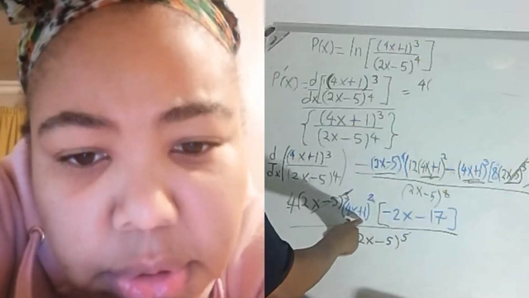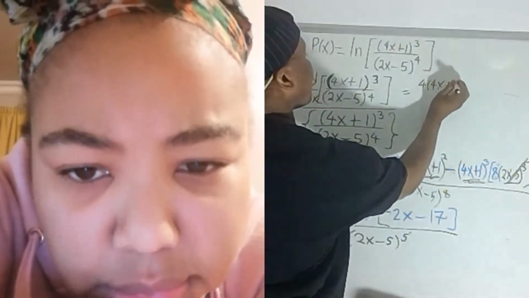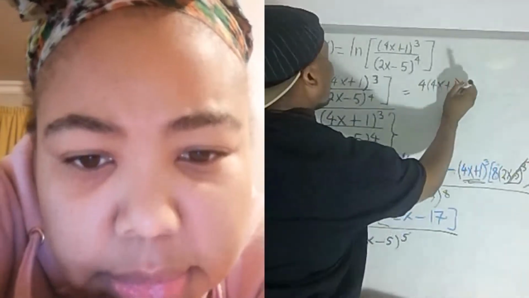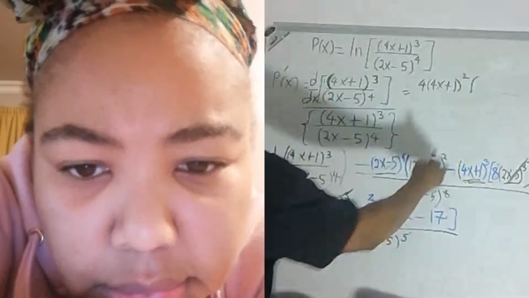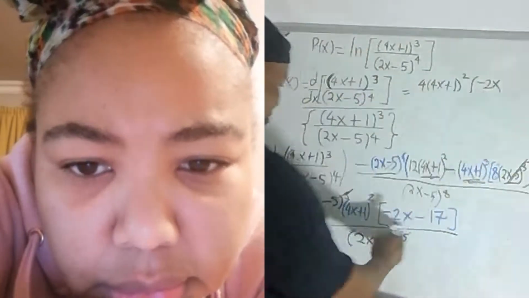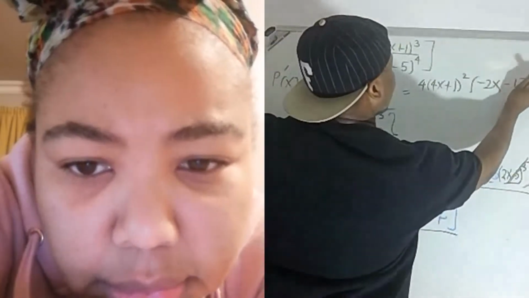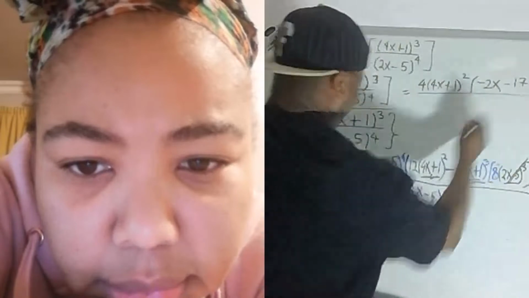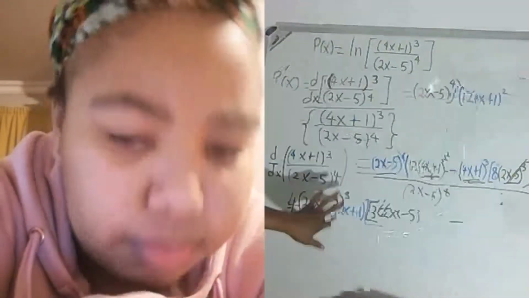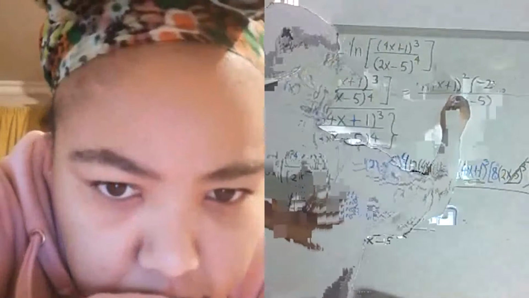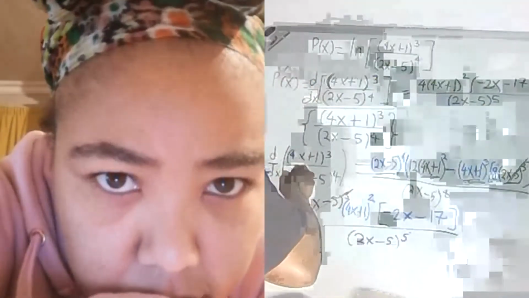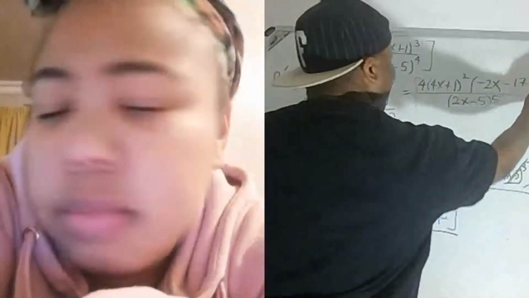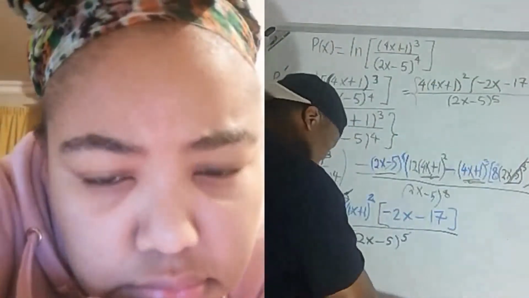Okay, and then 4x plus 1, all squared. And then bracket, negative 2x minus 17, and then over 2x minus 5, bracket, top 5 plus 5. And then this top is on top right now.